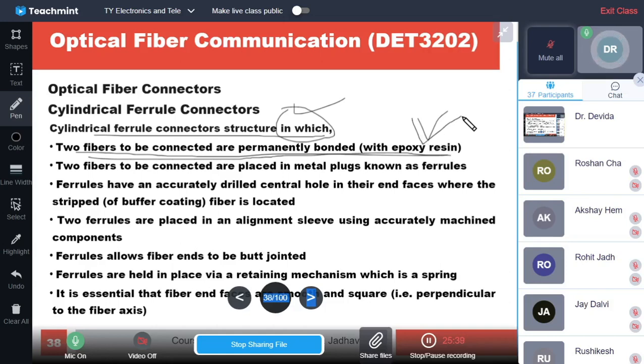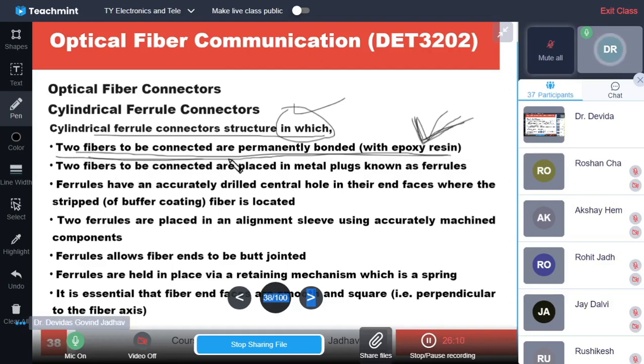It protects the fiber ends from external moisture and external dust. It also gives permanent bonding so that misalignments do not grow. It also has an index matching function, and it also provides the strength to hold the fibers together.